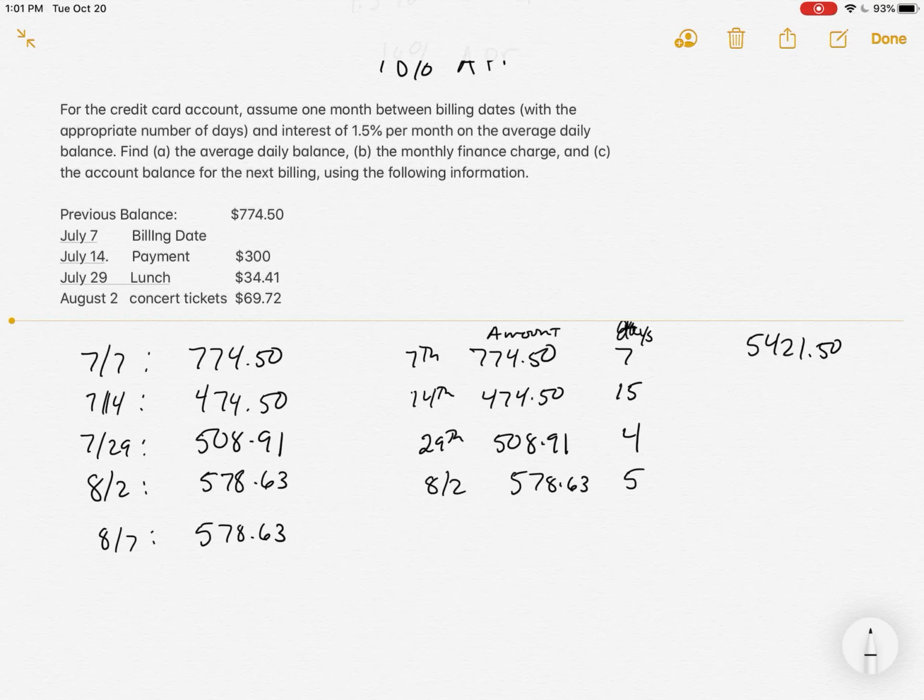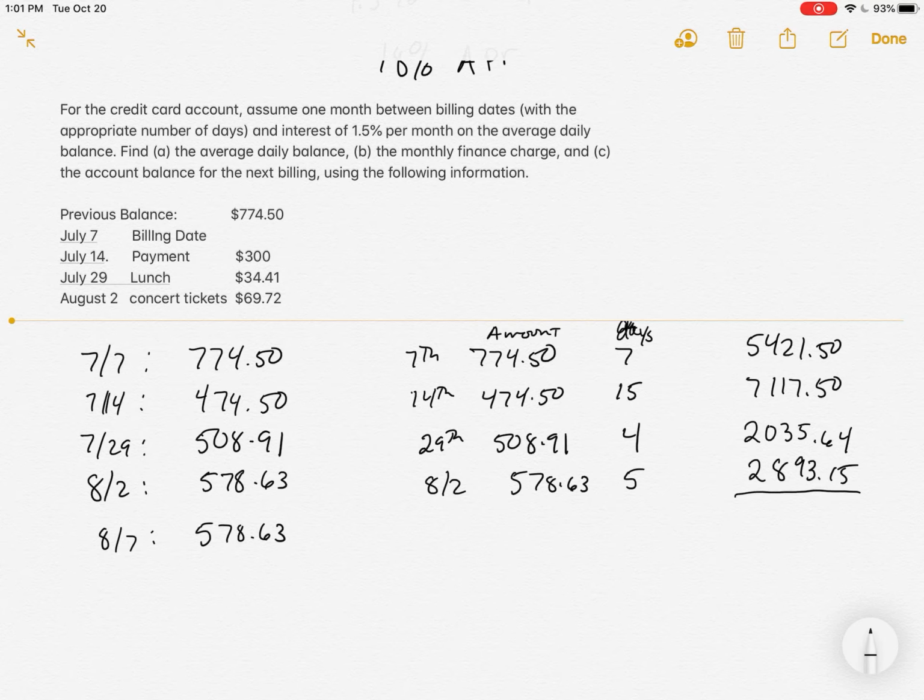Then I'm going to take 15 times 474.50 and come up with $7,117.50. Then I'm going to take 4 times 508.91 and come up with $2,035.64. And 5 days at 578.63 would be $2,893.15 if those 5 days were all added up.